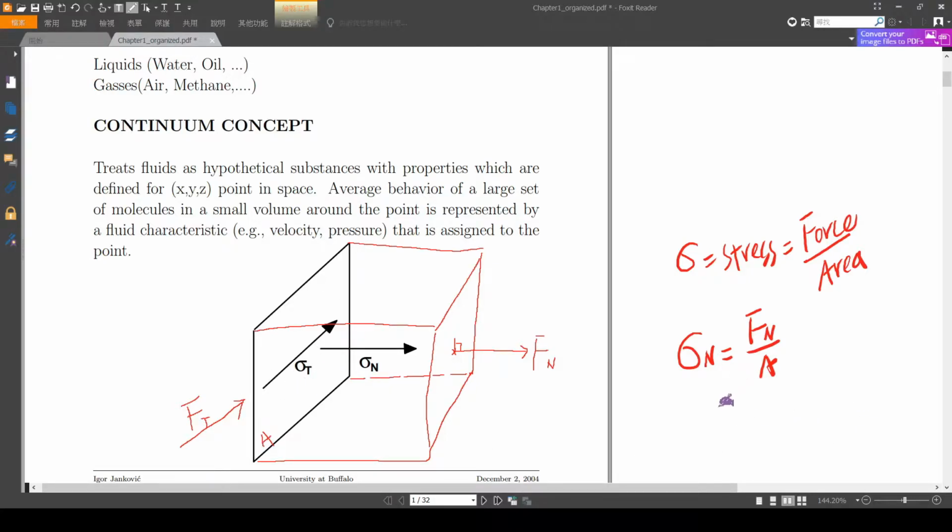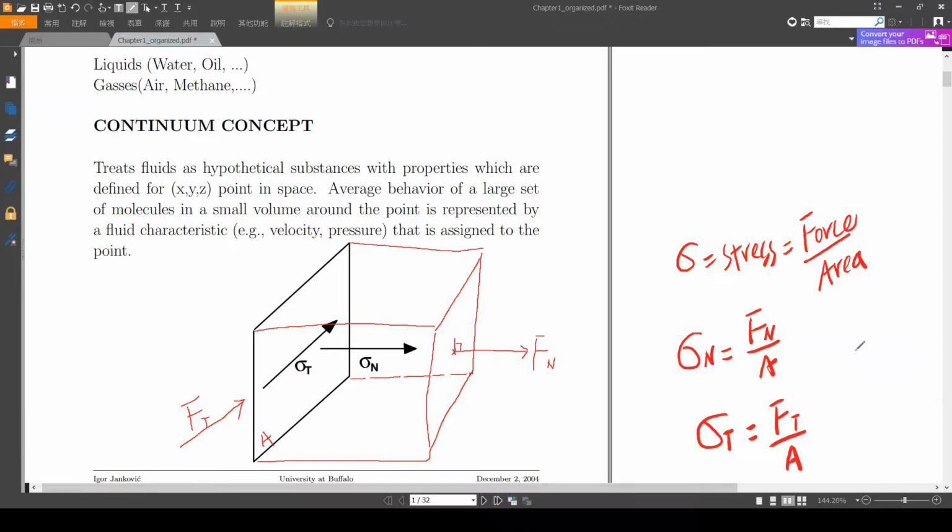So the shearing stress is denoted as sigma sub t, which will equal the tangential force, where t stands for tangential, per unit area. This is the shearing stress. Shearing stress equals the shearing force divided by the area here.